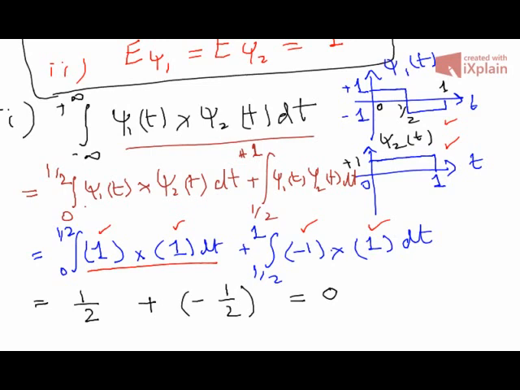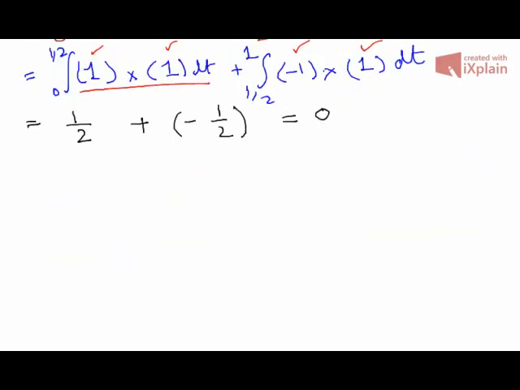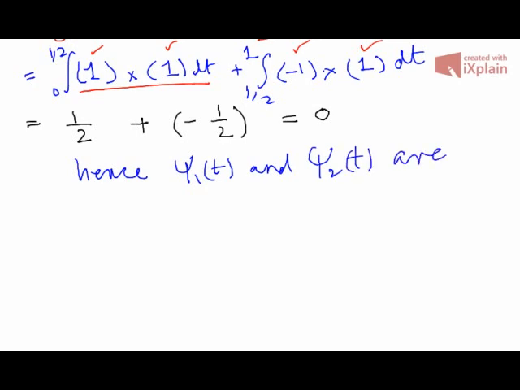So the first property is fulfilled. Now we can say that psi 1 and psi 2 are orthogonal. Hence, the dot product is 0, therefore psi 1 and psi 2 are orthogonal signals.